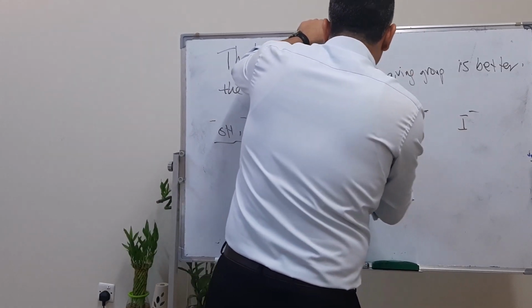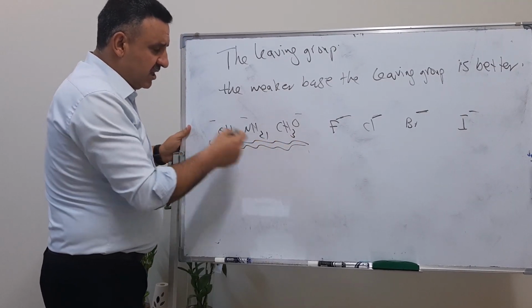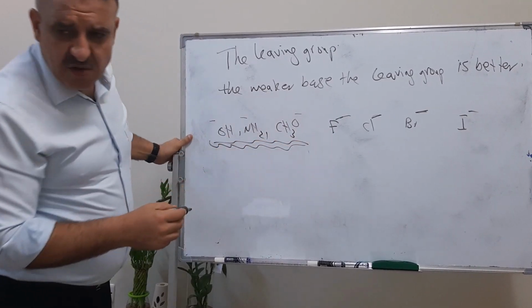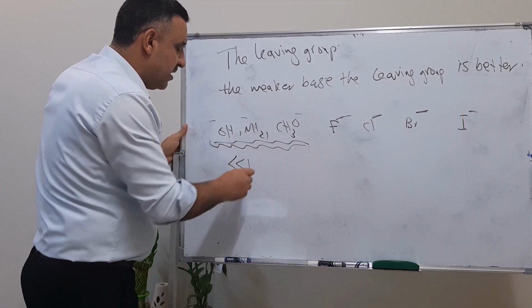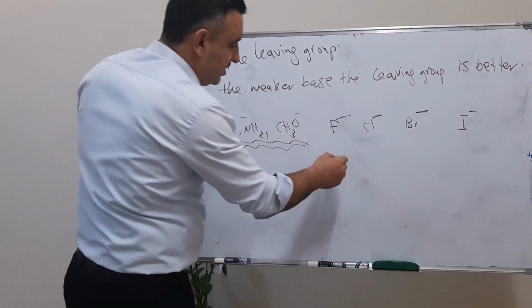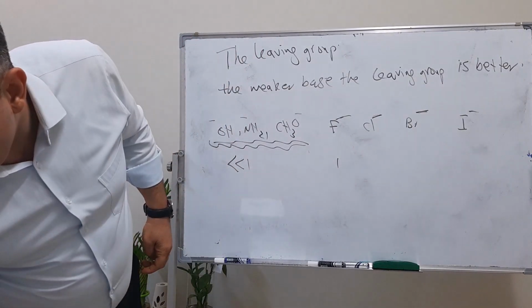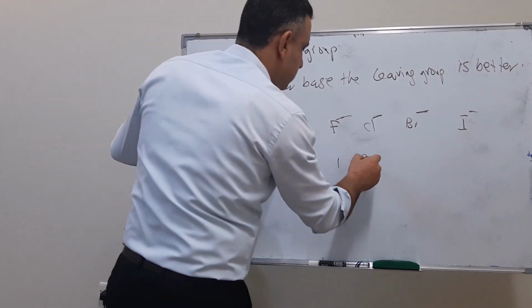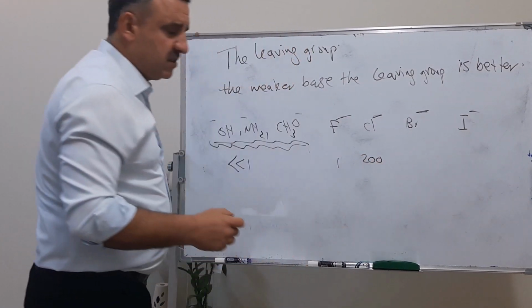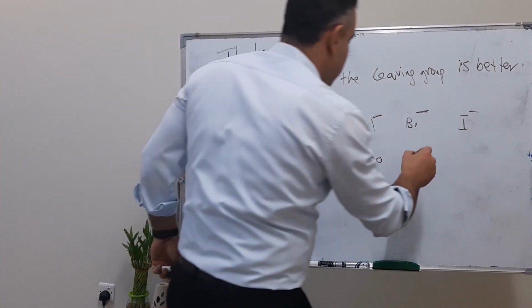Now as you can see here, these leaving groups are very weak leaving groups. Their rate of reaction is very much less than 1. If F is 1, then chlorine will be 200, bromine will be 10,000, and iodine 30,000.